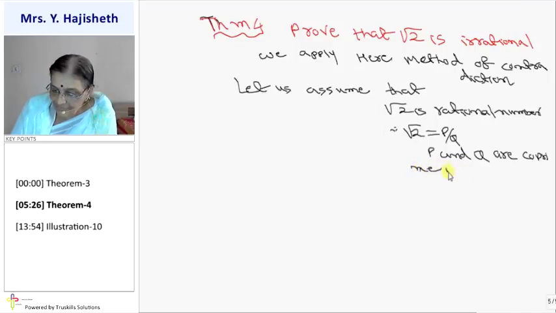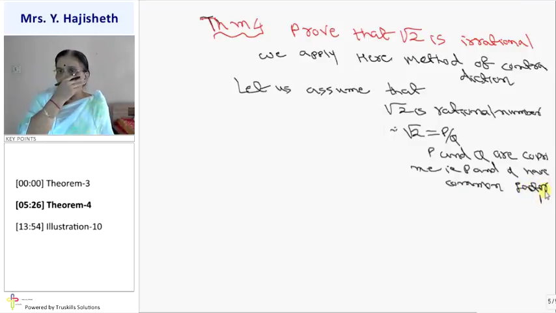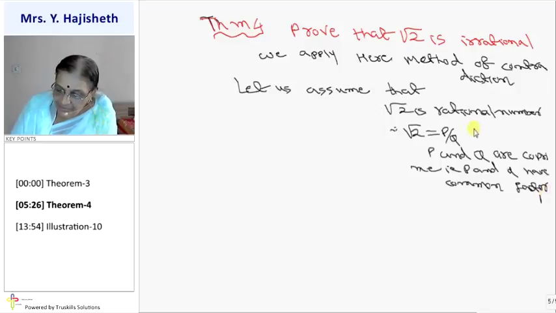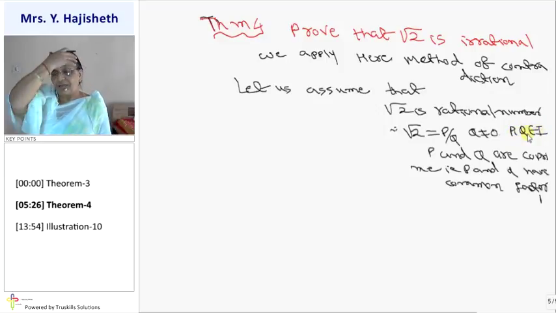That is, P and Q do not have a common factor other than 1. And here Q is not 0. P, Q belong to I, but Q is not 0.